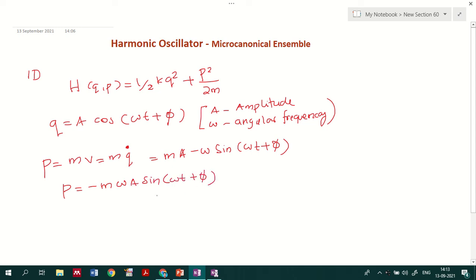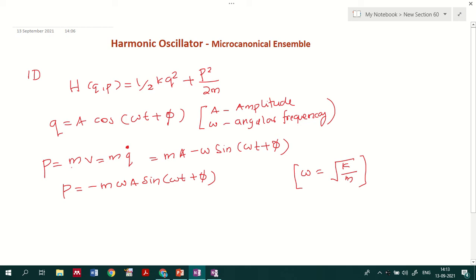And for a one-dimensional harmonic oscillator, omega is equal to root k by m, where k is the spring constant.